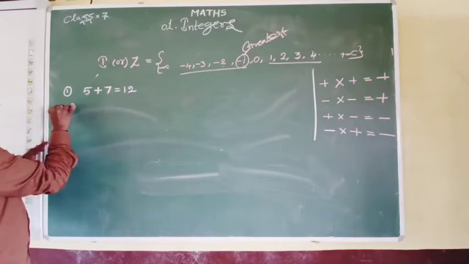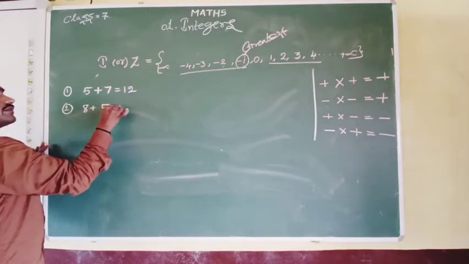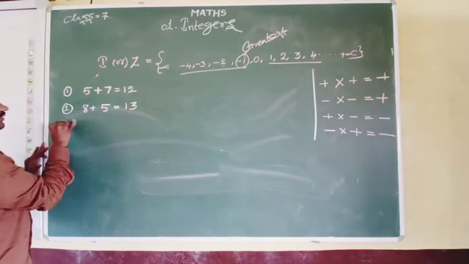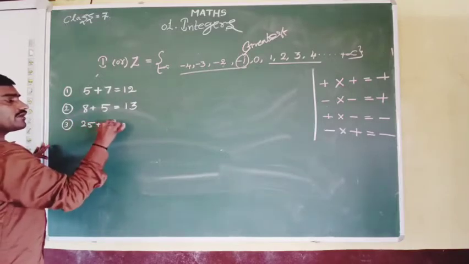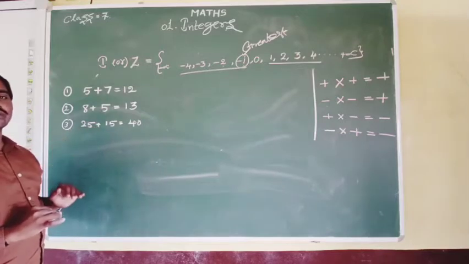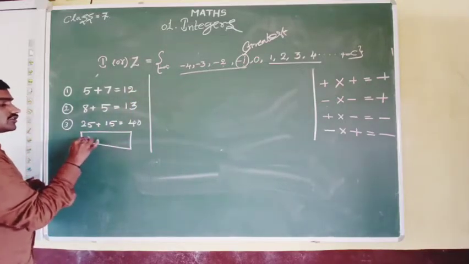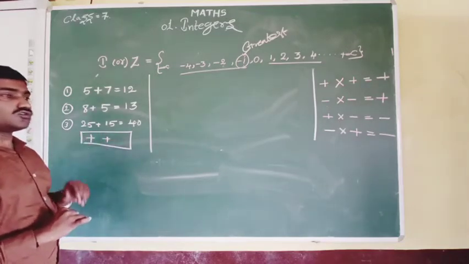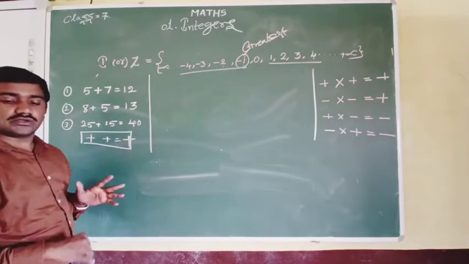A simple example to understand. 8 plus 5 equals 13. 25 plus 15 equals 40. Here what kind of problems did I take? Simple ones. Both the numbers are plus and plus. The sum of two positive numbers is also a positive number.